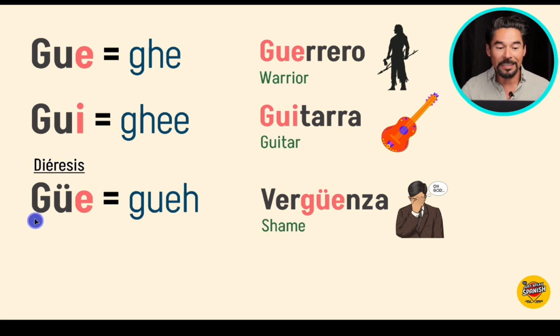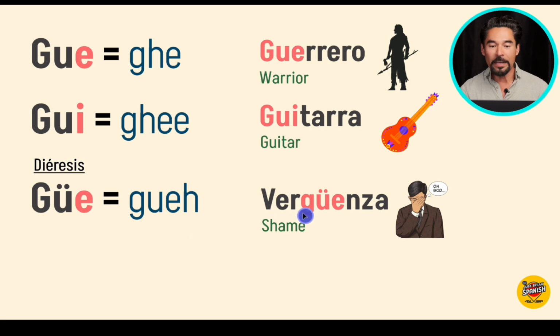Okay? So this is a gue sound. Gue. And the reason why I'm pronouncing the U is because I have diéresis. I have the two dots on top of the U.